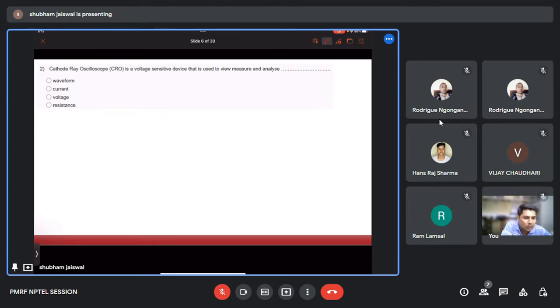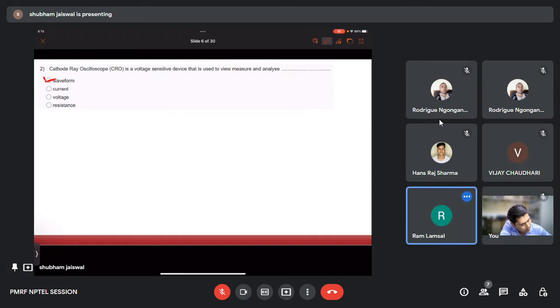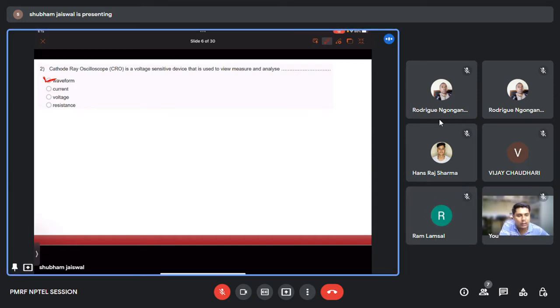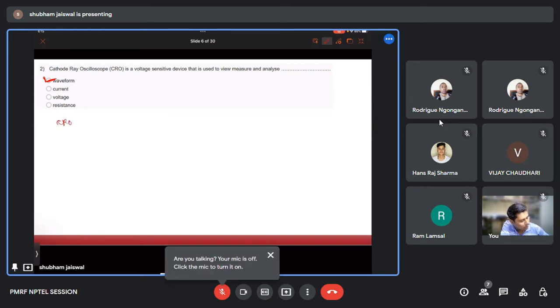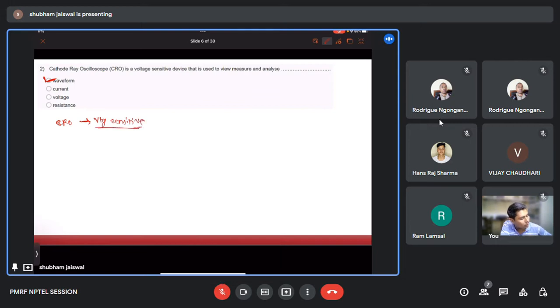Sorry, Hansraj, the correct answer is waveform, because our CRO is voltage sensitive, but it is used to view, measure and analyze the waveform.